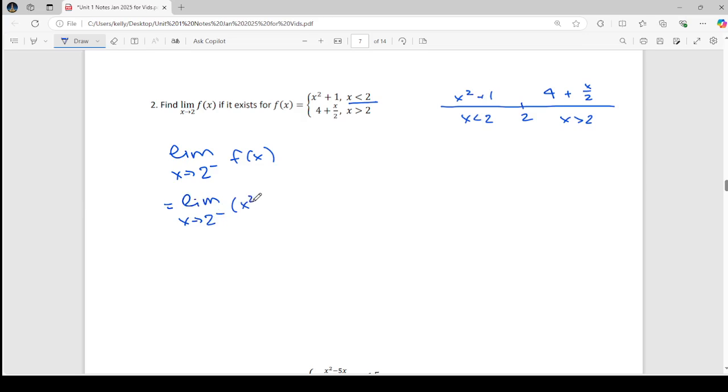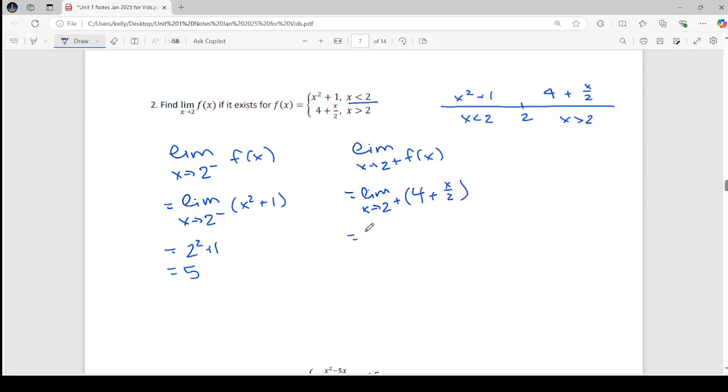So let's find our limit from the left of f at x, the limit of x squared plus 1. We'll plug in 2, so that's 2 squared plus 1, which gives us a limiting value of 5. Now let's go from the right, the limit as x approaches 2 from the right of 4 plus x over 2. Note my need for brackets, because this whole expression is what we want the limit of.